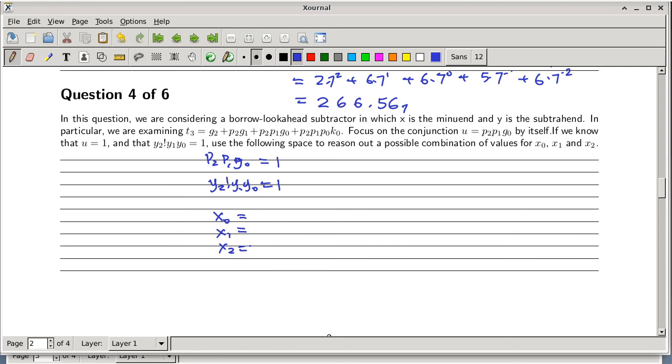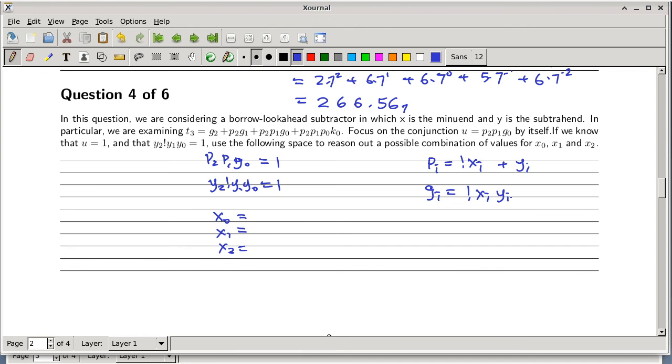Not xi or yi. Very good. So write it down. Anything that is useful in the process of solving this problem, write it down. Pi is, by definition, not xi or yi. It is in the notes. We also need to know what is gi. So gi is not xi and yi. Those are all from the notes.